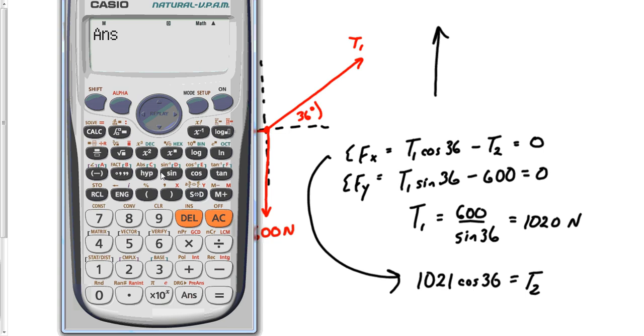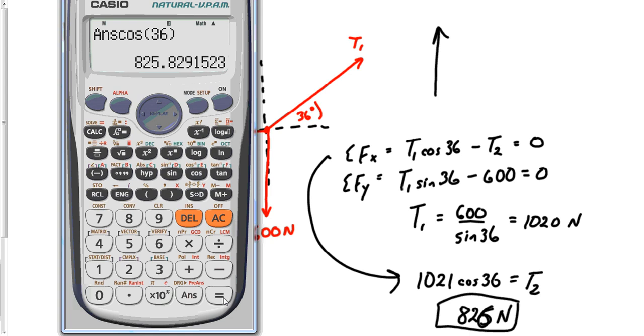So answer times cosine 36. I wonder if my calculator will actually like that. Hey, it actually understood it. I didn't have to put a times sign in there. 825, excuse me, 826. Whatever. We're definitely in the ballpark on that question at this point.